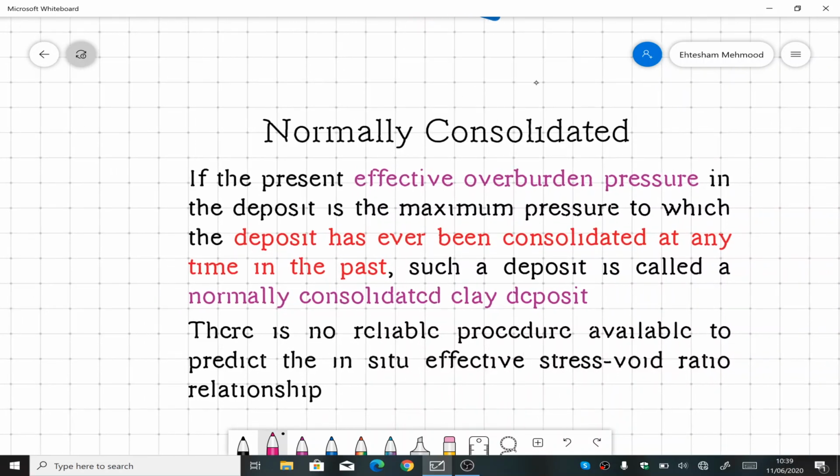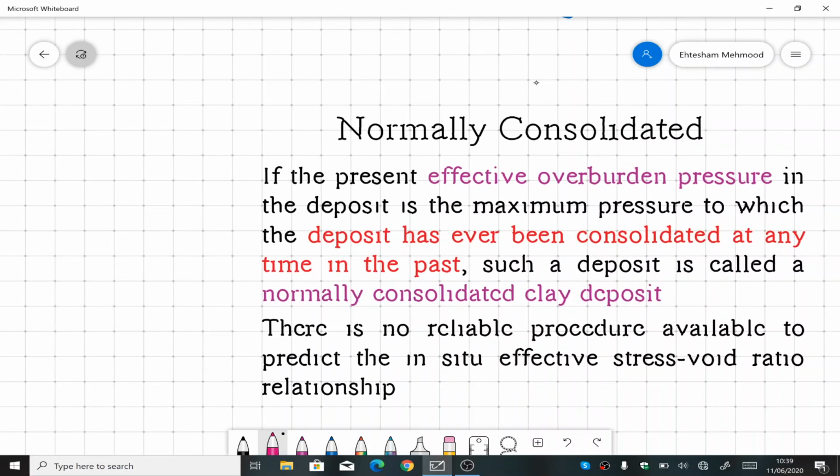To explain this, if this is the ground surface and you are going to do a construction work here, and this here is the clay layer, and let's say this is sand, I want to know what the current overburden pressure is on top of the clay layer.